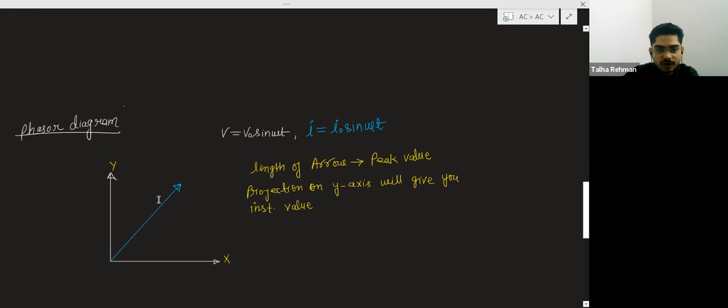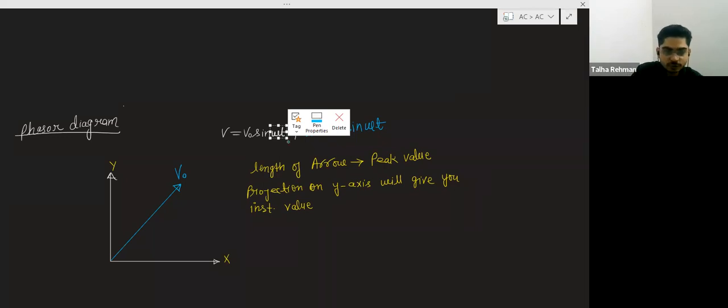You will draw an arrow from the origin, passing from the origin, and the length of the arrow is representing the value of V naught. Omega t is the angle. So this angle you will draw with x-axis.